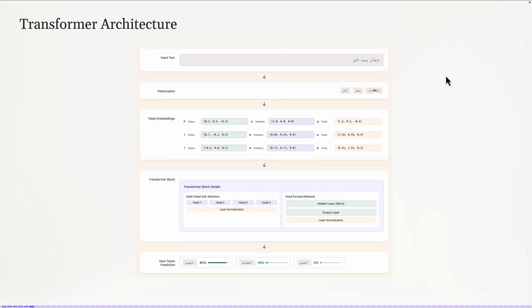For example, in a generative language model like ChatGPT, we're going to have the probability of the next word. For example, al-fa'ru yuhibbu akl. It can be, for example, bread with 5%, food with 10%, cheese with 85%. So by learning the semantic relationships between the words in this block, we are able to predict to a good extent what could possibly be the next word, with some probability.